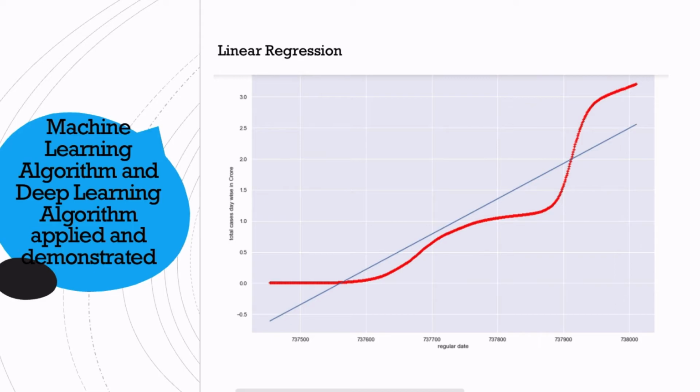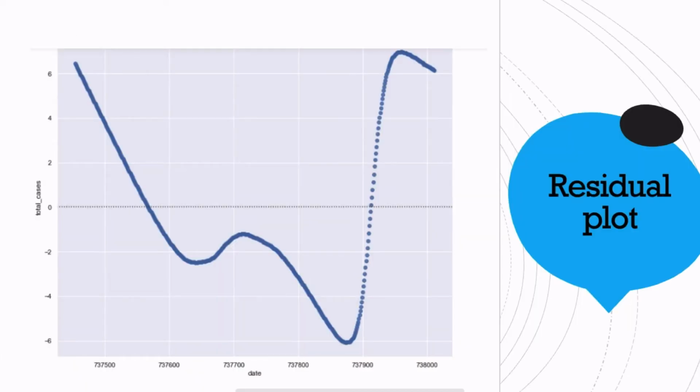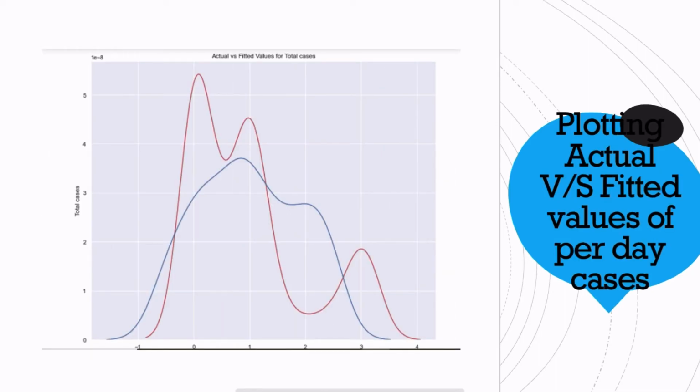You can see the graph here, and this is the residual plot, which was also about the date versus total cases, and the plot of actual versus fitted values per day case. Here you can see the difference between the predicted model and the actual values.